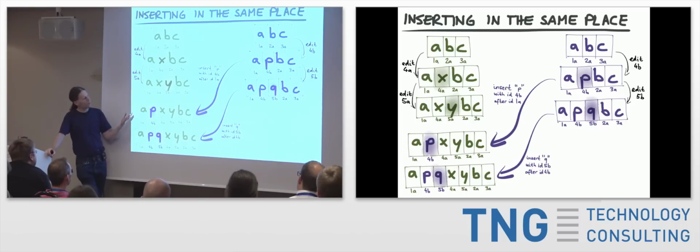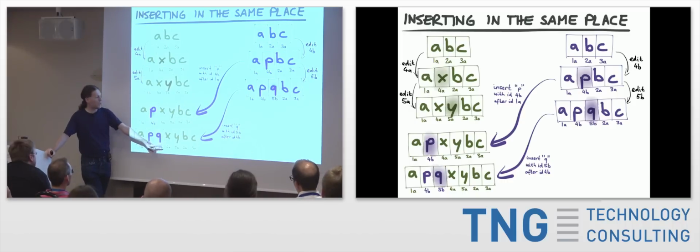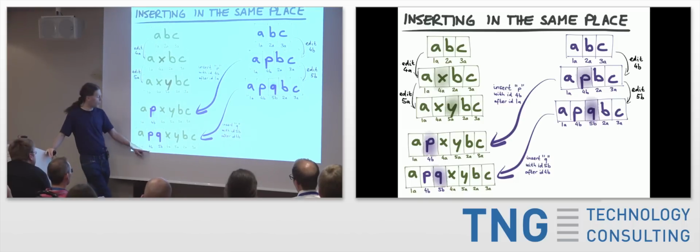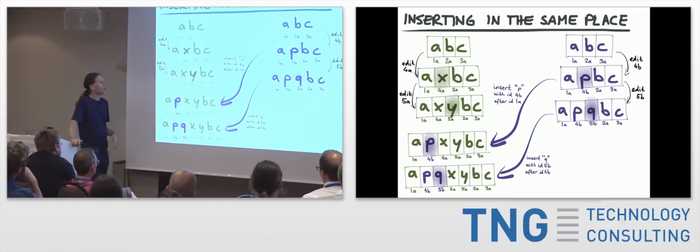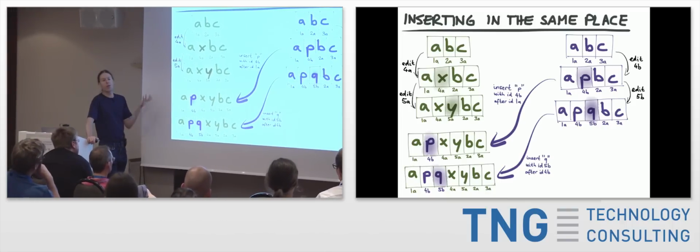And then the second insertion, the Q, gets an ID of 5B. Again, the number is 1 greater than before. So the insertion of 5B comes after 4B. It can just refer to the last letter that it just inserted, so the Q gets put after the P, and this works. Okay, but now what happens in the other direction?